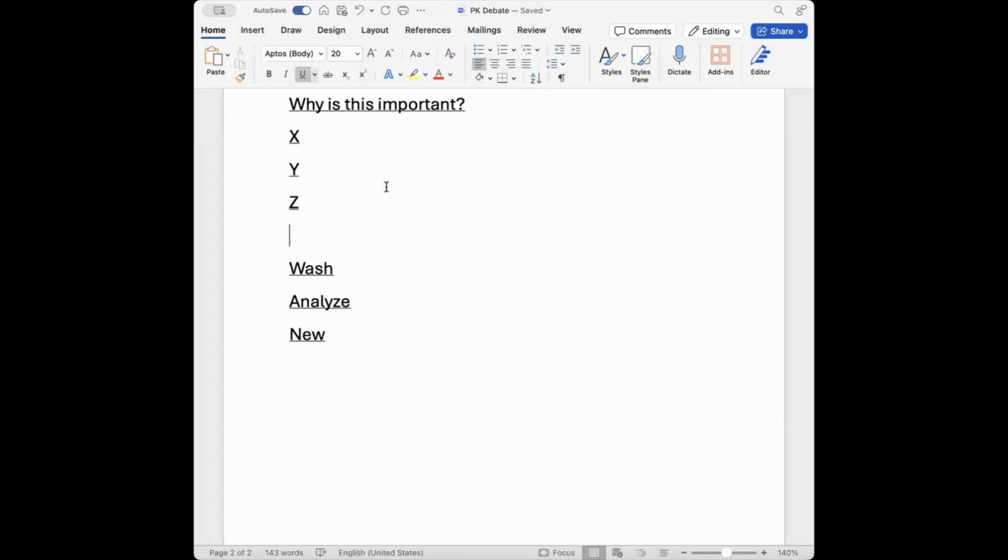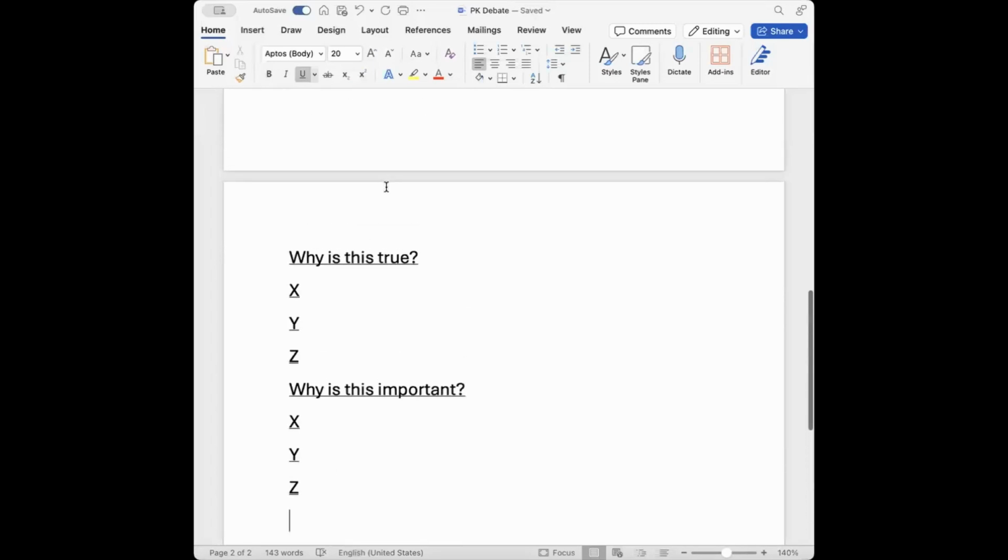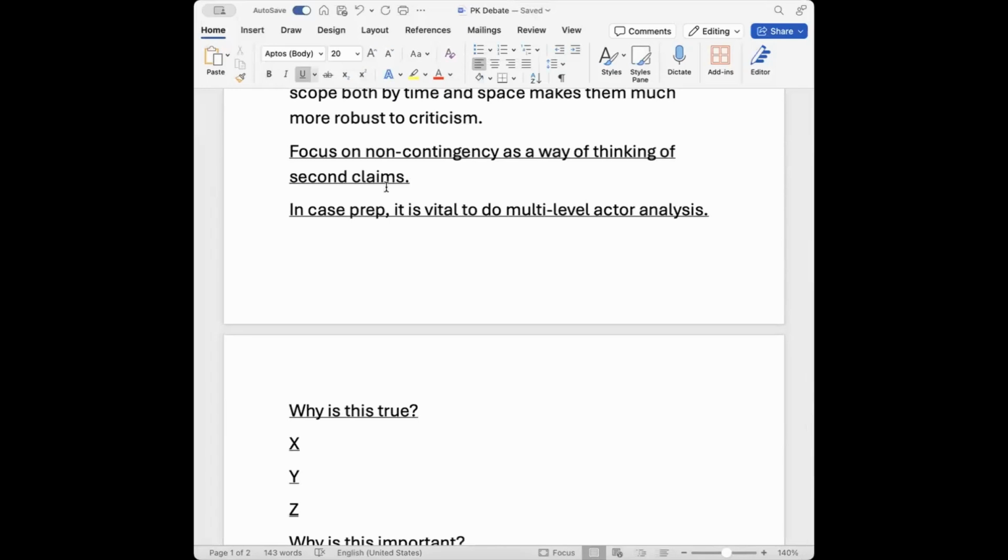So I think I maybe miscommunicated what I meant by the multi-level actor analysis. The multi-level actor analysis is not looking at different actors. It's looking at the same actors at different levels of analysis. That's why it's called multi-level actor analysis, not multi-actor analysis. So Israel is still made up of 50 political factions, right? And so is Palestine in this case.